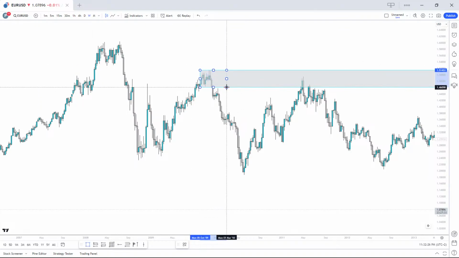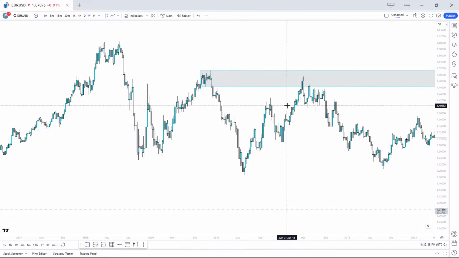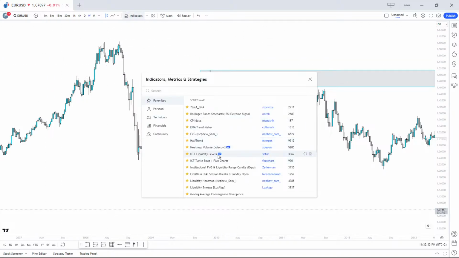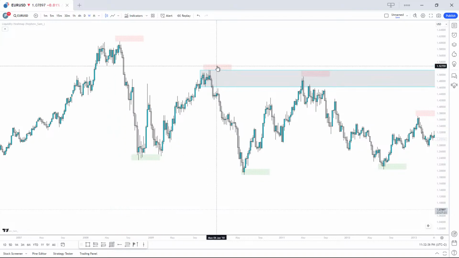For him, this is not a supply zone, because this is a top that we can take advantage of as a liquidity grab, because people are placing short orders right off of this one.